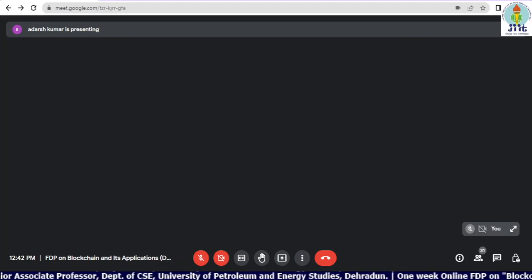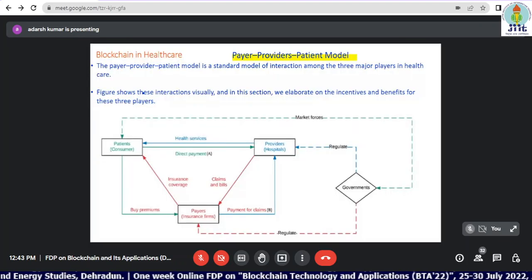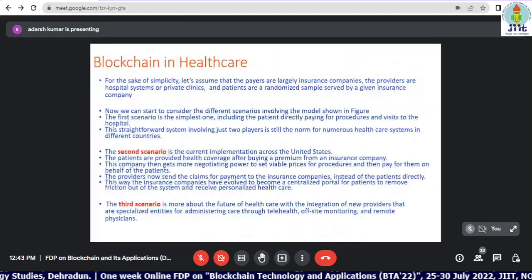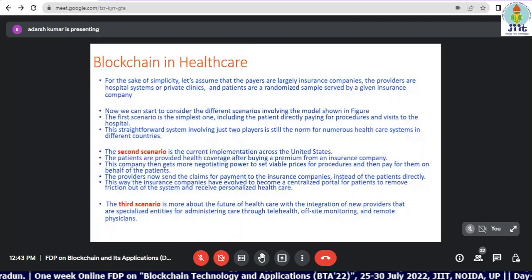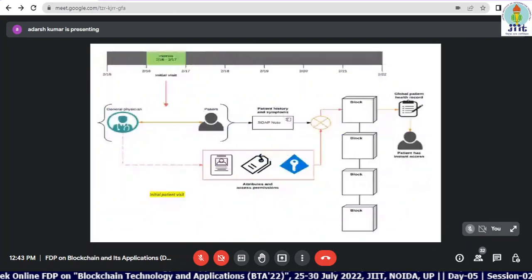And then there are government authorities involved which keep on checking the procedures, and they keep on updating the information, right? So this way we can efficiently handle the patient. This is one way how the treatment happens to the patient. These are the different scenarios. Sequence steps are written here, so you can pick them up if you are interested. Read them down. I'll quickly go through all this.